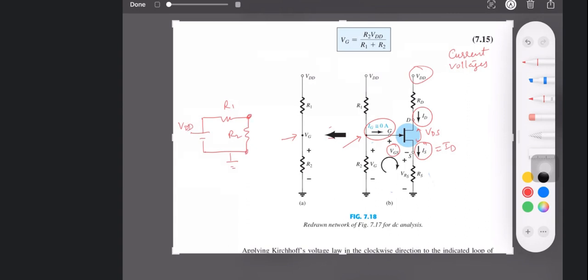So what is this voltage? Suppose this is 10, this is 1 kilo ohm, this is also 1 kilo ohm, so this is 10 into 1k divided by 1k plus 1k, so this is 5 volts. So the same here: VG is VDD R2 divided by R1 plus R2, and the drop across the other is VDD R1 divided by R1 plus R2. That's it. If this is 10 and there is a 3 volt drop here, then there will be 7 volts here. Am I right? Yes, sir. So this is another way.